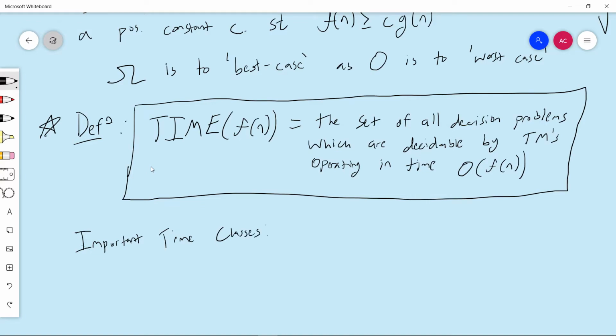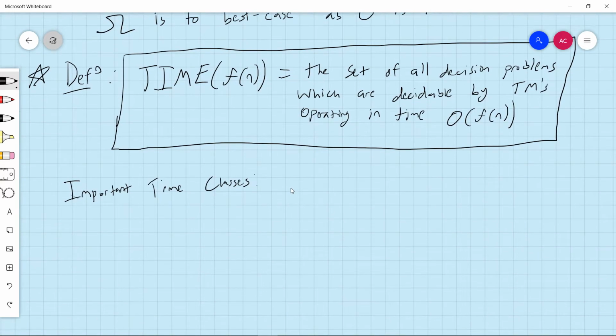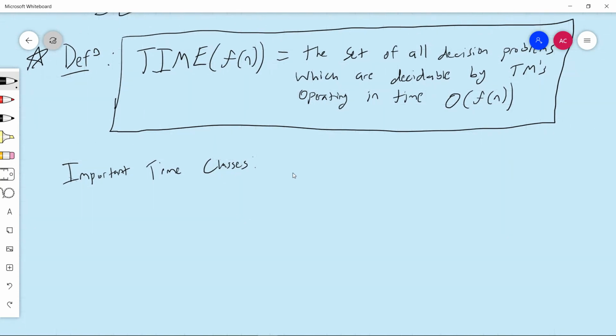So the two most important time classes for our purposes later on, we're not going to be dealing with them immediately, are, of course, the fabled P. P is equal to the union, k equals 0 to infinity, of time n to the k.